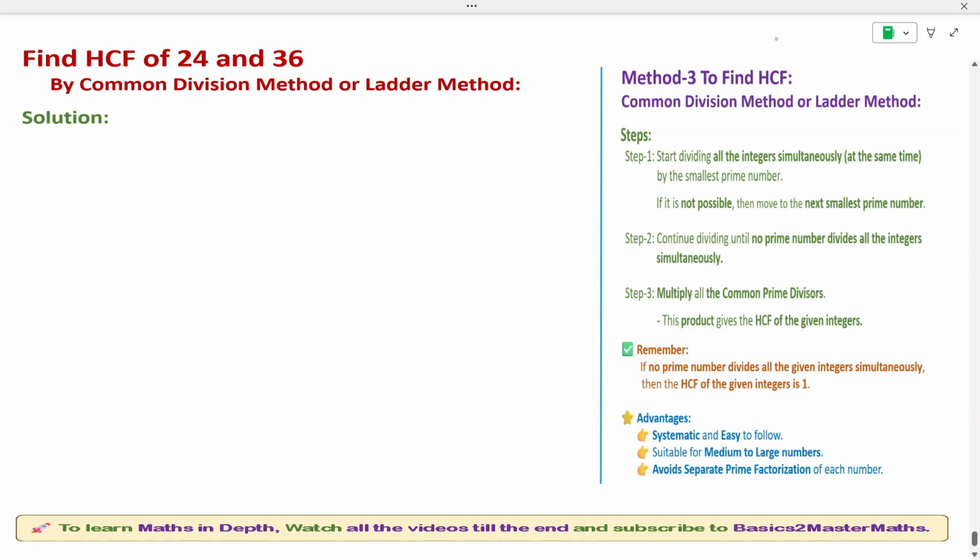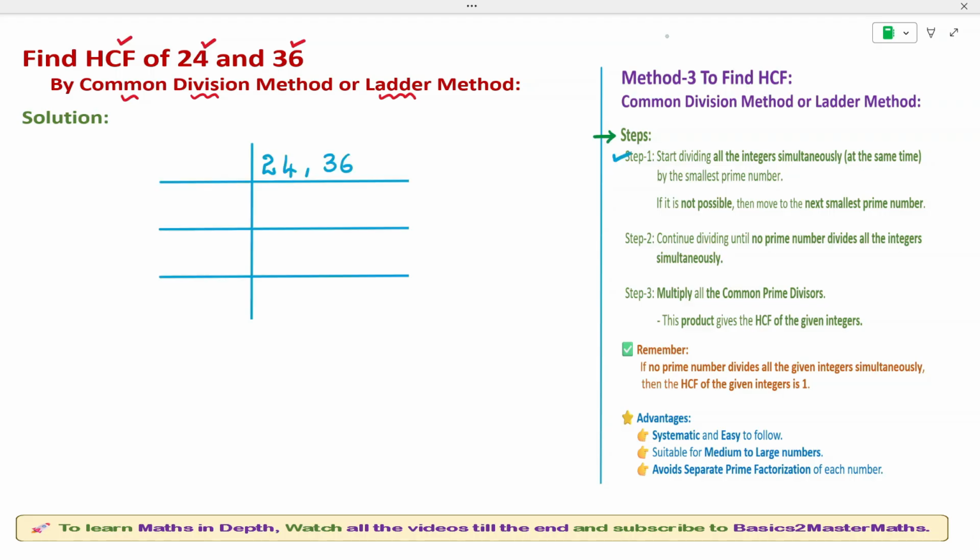Today we will see how to find HCF of 24 and 36 by common division method or ladder method. Let us apply the below steps and solve the problem. Step 1.